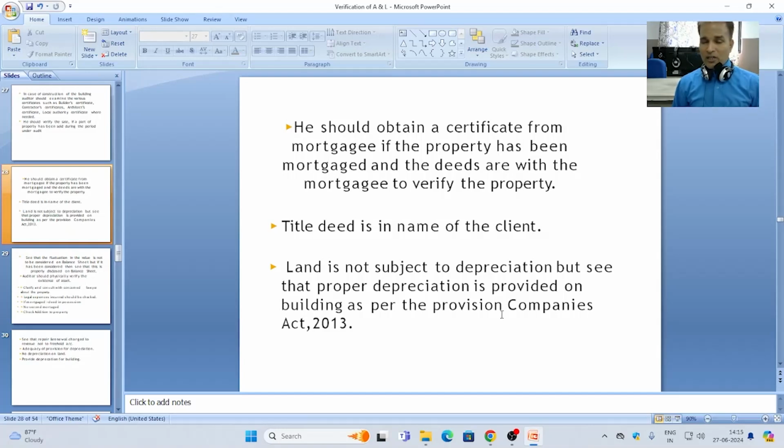Title deed should be checked by the auditor and it should be in the name of the client. Land is not subject to depreciation, but see that proper depreciation is provided on building as per the provisions of Companies Act 2013.